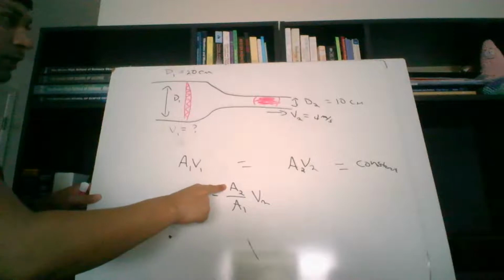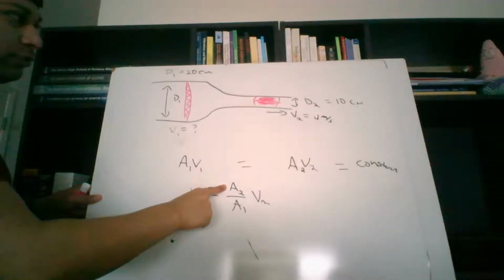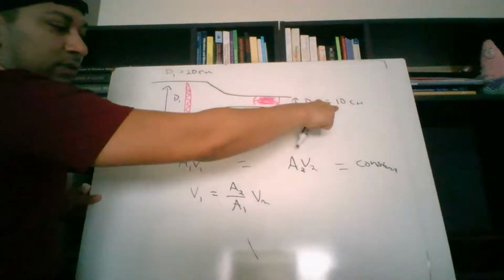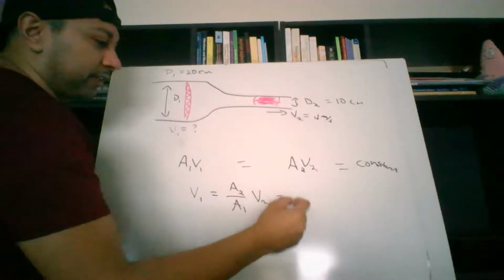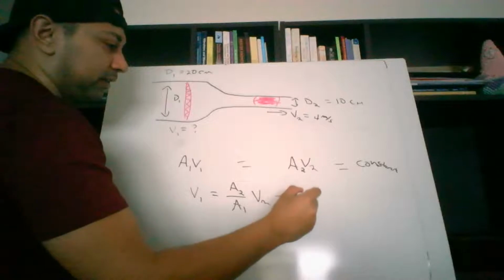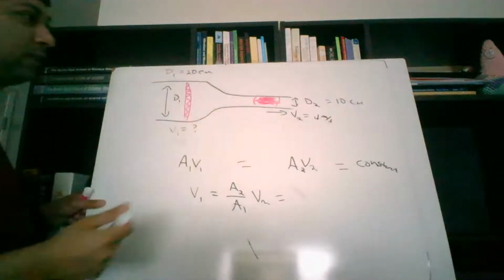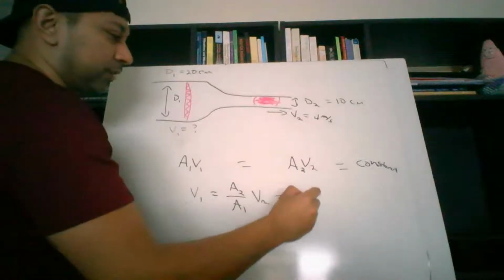And so here you have A2, which is this point right here. So let's actually write it out. Pi r squared, well, we don't even have to do that. We could just do 10 over 20, and I'll tell you why.